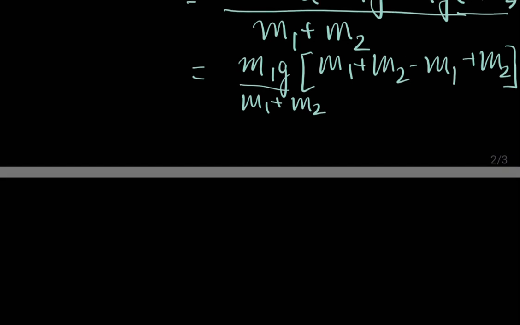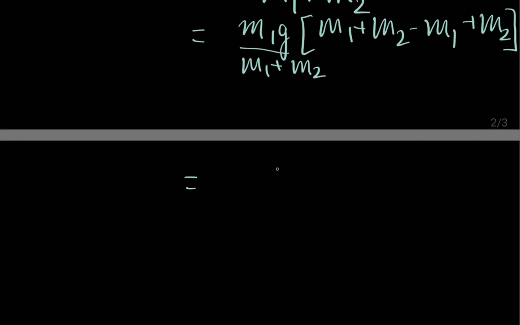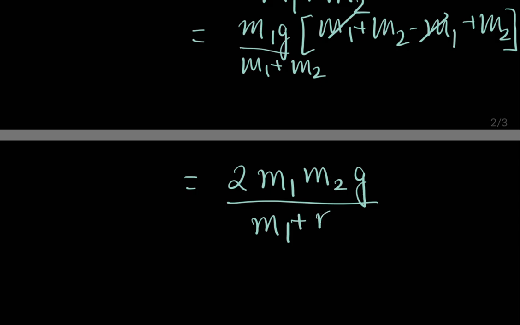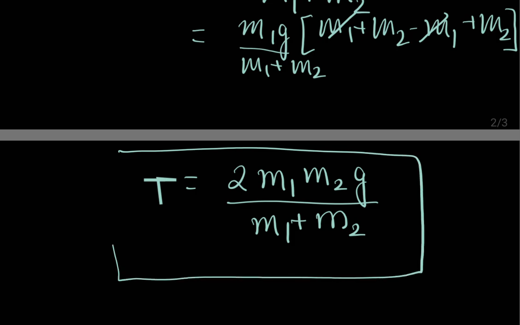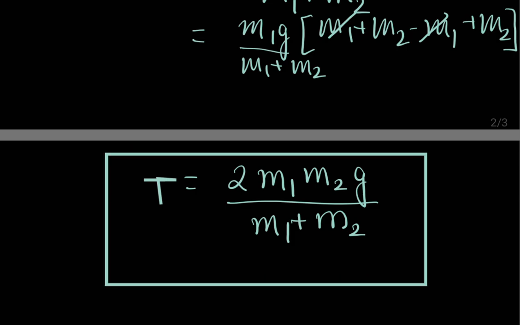So this is m1g times 2m2 upon (m1 plus m2), that is T equals 2 m1 m2 g upon (m1 plus m2). This is our final tension.